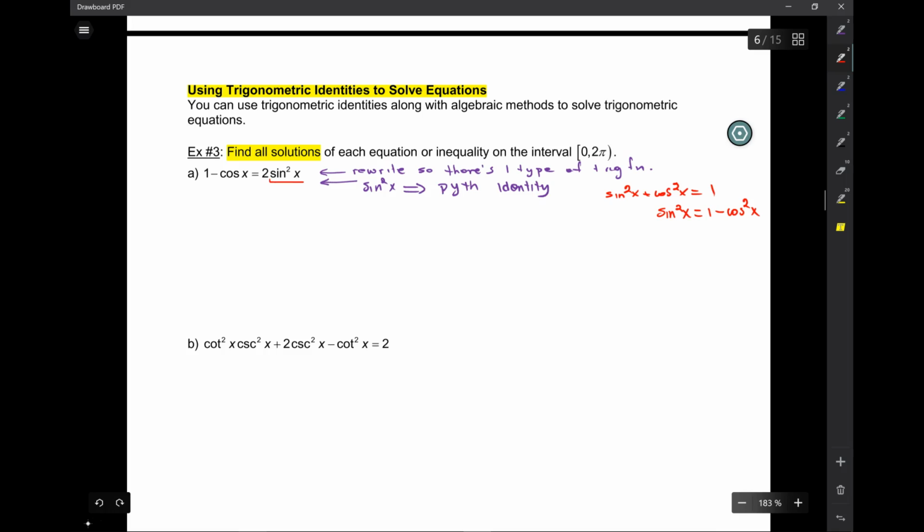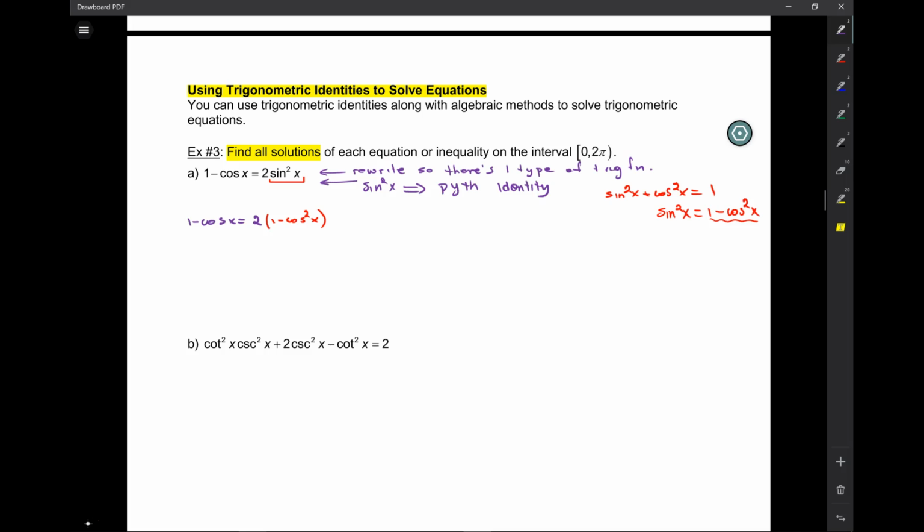So here, I'm going to substitute that. I leave the beginning unchanged. 2 times. Now I put in, for sine squared, 1 minus cosine squared x, because I want to get rid of the sine and instead put in cosines.